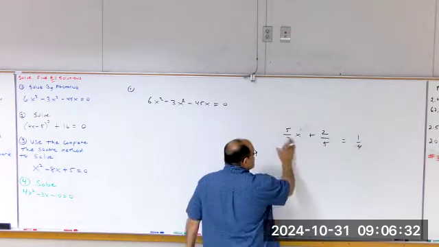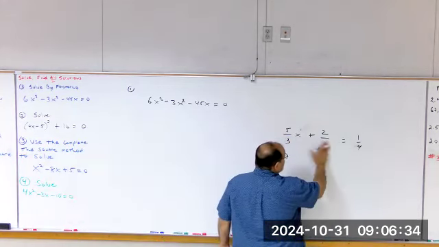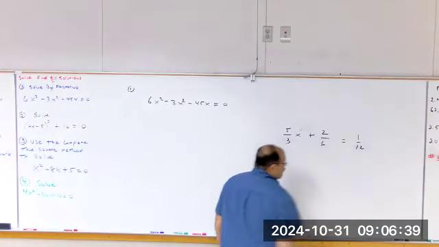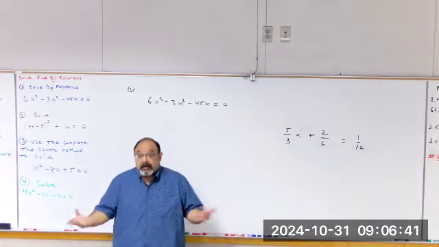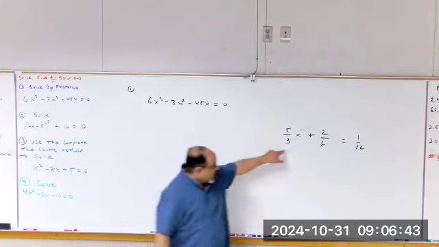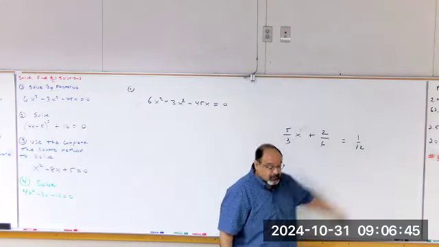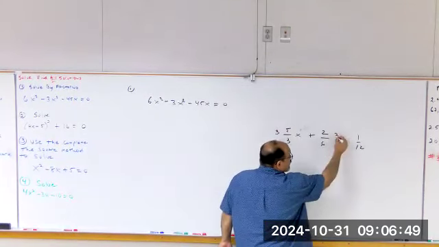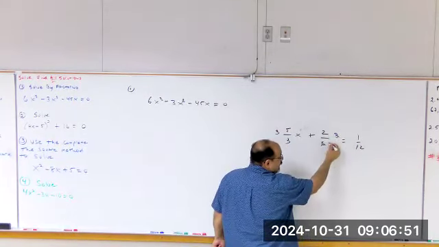So what's the smallest number they all have in common? If this is a 3, I'll leave it a 3. That's a 6, and that's a 12. So I'll hear 3, because they're all divisible by 3. If I multiply by 3, yeah, it reduces this one. But a 3 is not going to simplify that completely.